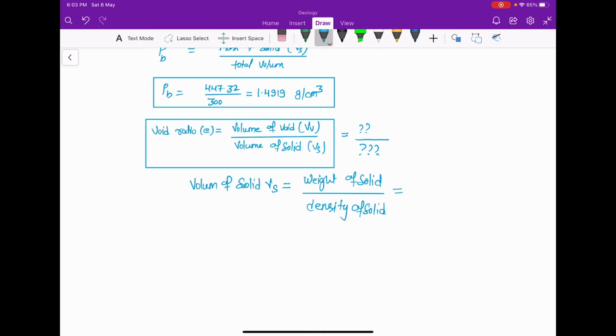The weight WD is the weight of the dried sample.